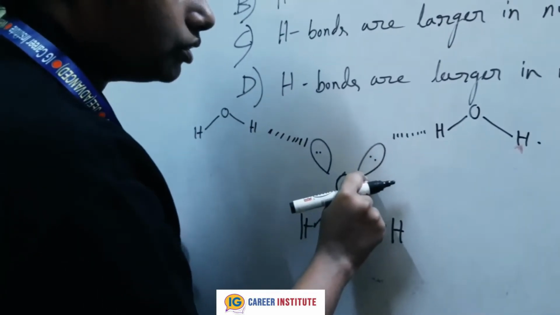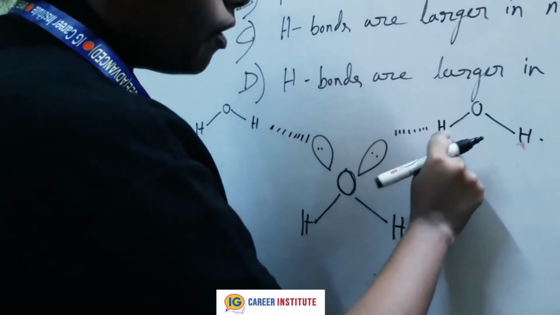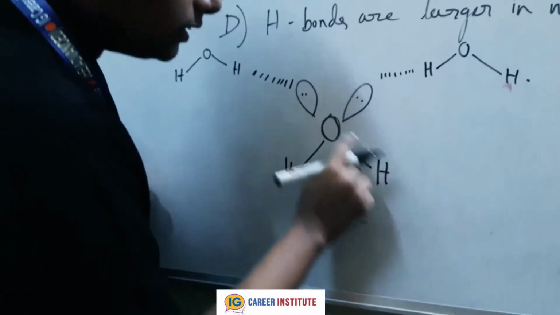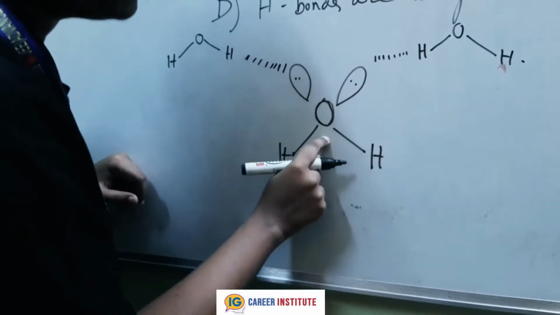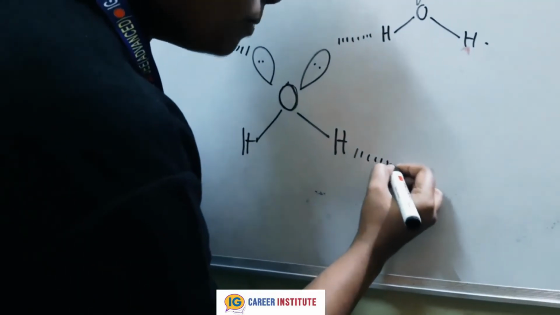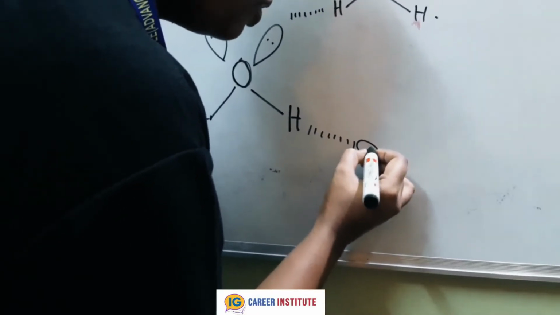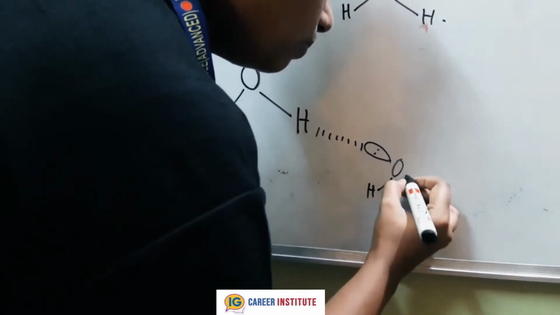Another lone pair of this oxygen atom is forming a bond with the hydrogen atom of another molecule of water. Similarly, this hydrogen atom of this water molecule will form a hydrogen bond with the lone pair of another molecule of water.